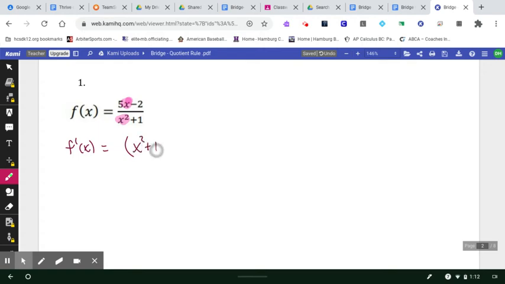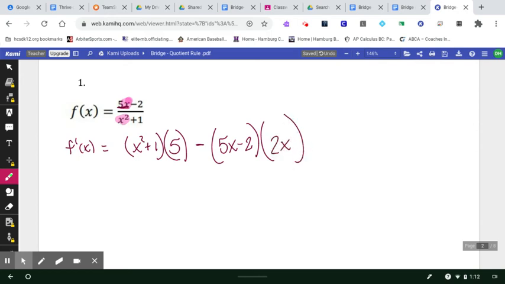Low d high: the derivative of 5x minus 2 is linear, so just 5. Minus high d low: x squared becomes 2x. All over the low, x squared plus 1, squared.